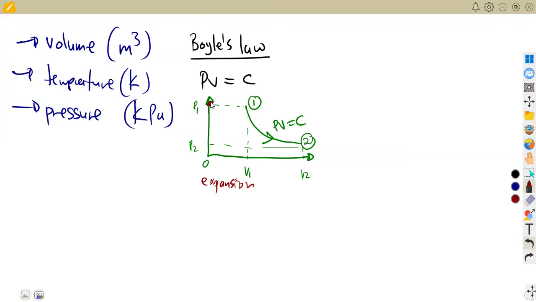The pressure starts at 1, the higher pressure, and we go this side as volume increases. So we start at a higher pressure and end at a lower pressure in an expansion: the pressure is decreasing while the volume is increasing.